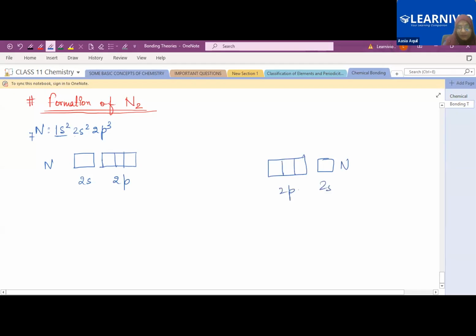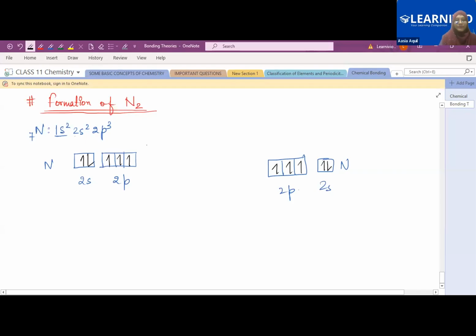Okay, now just fill the electrons in it. So 2s has 2 electrons, 1, 2. And now 2p has 3 electrons, 1, 2, 3. Similarly, this 2 electrons and 1, 2, 3.